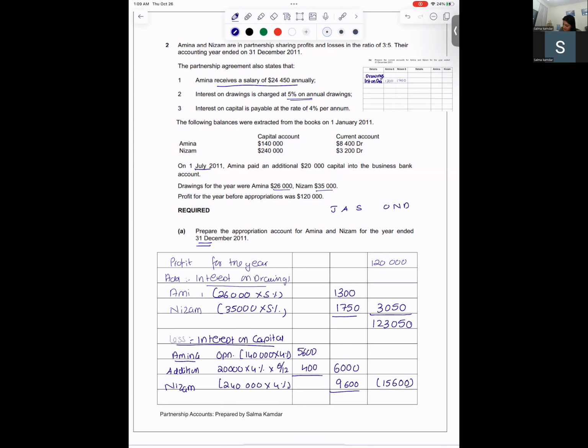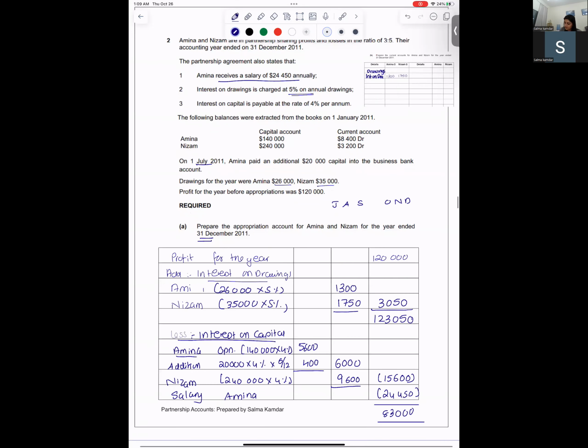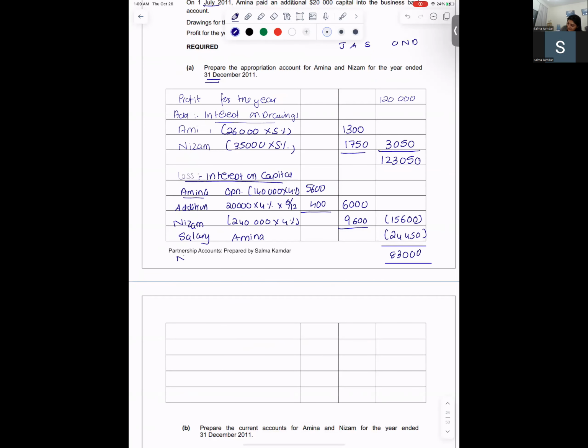Amina is receiving a salary. Salary for Amina is 24,450. When I subtract all of this, I will get residual profit, which is 83,000. We could say this is residual profit, or I can say it is net divisible profit.